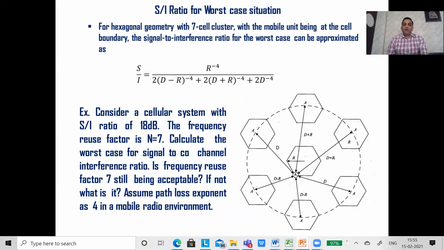Now you will come across the worst case situation for S by I ratio.